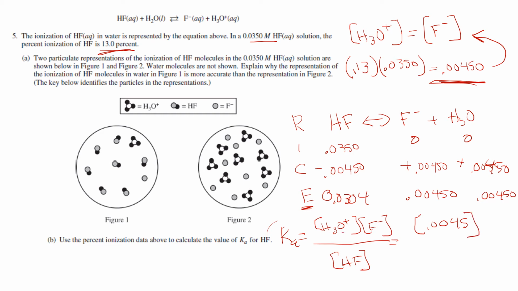Since they're both the same, I'm going to square that, over 0.0304. So my Ka value should equal 6.81 times 10 to the negative 4.